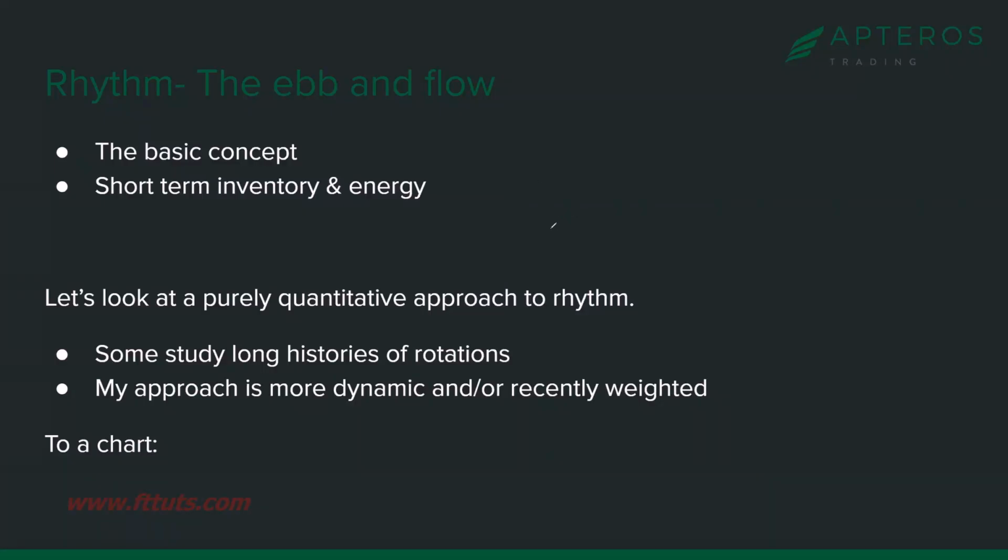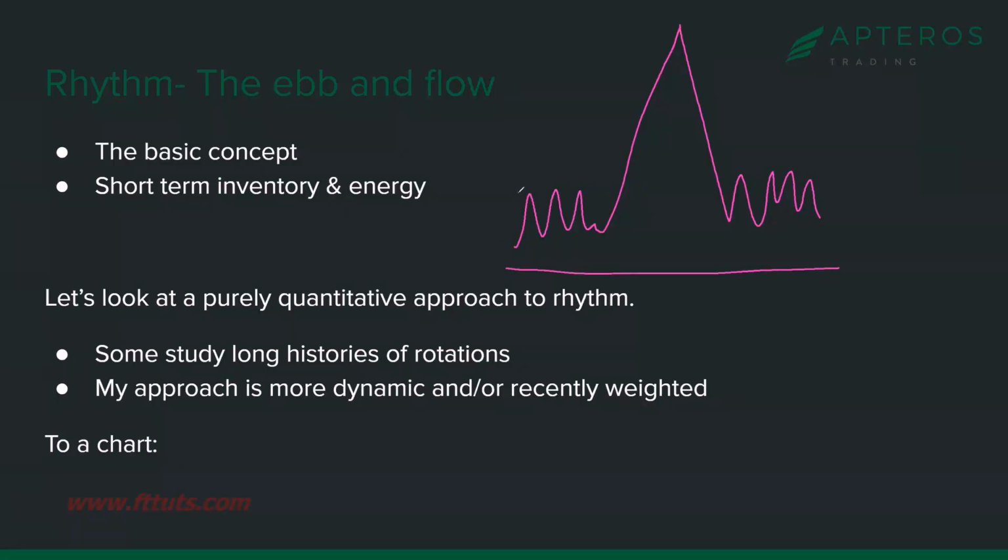A market could have done this, and then this, and then this, and then this. So if I study the past 2 years of rotations, this is one up rotation, this is one down rotation, this is one up rotation, swings, fractal points, whatever you want to call them.